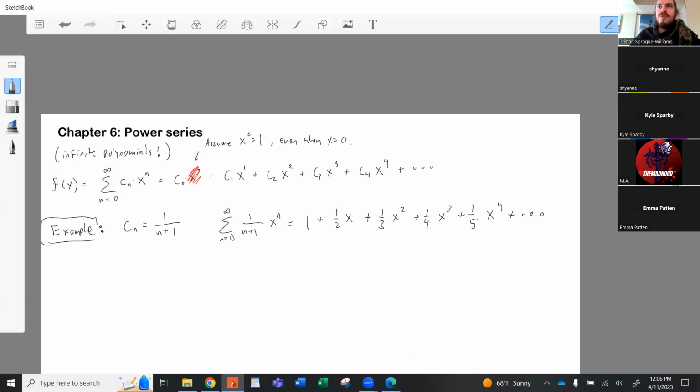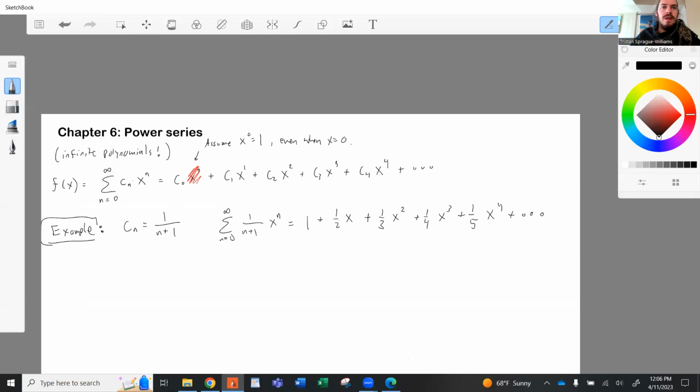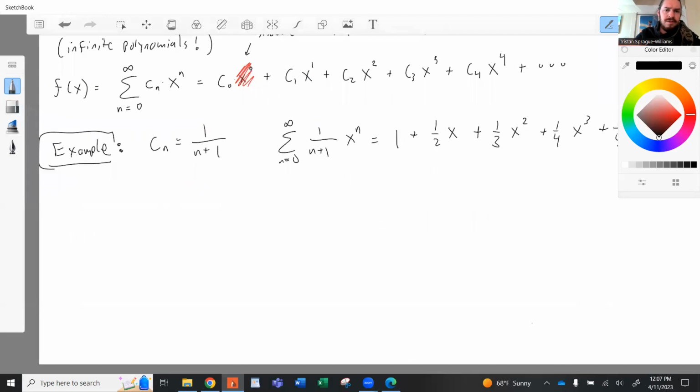So the question we want to ask is, what is this? If you plug in a value for x, what sort of series do you get? Let's call this our f of x function. What if we do f of 0? Let's start there.